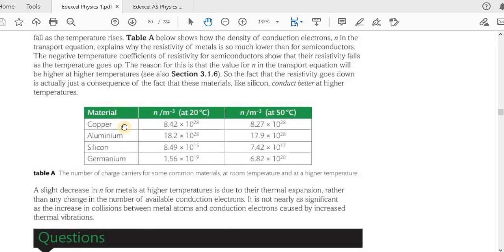Different materials have different values of n. n is the number density, or the number of charge carriers per cubic meter. Of these, two are metals and these are semiconductors, but in all of them the charge carriers are electrons. So the number of conduction electrons per cubic meter is this.